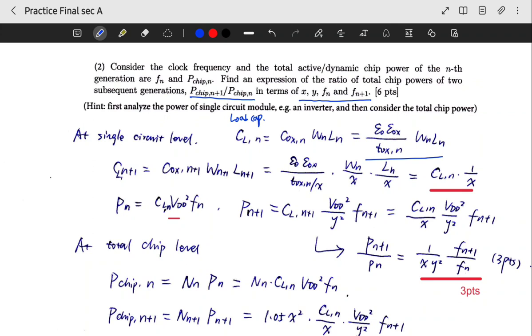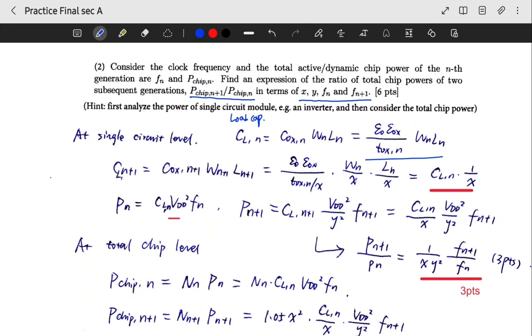And so for this one, we want to calculate CL n plus 1 generation, which is equal to Cox n plus 1 times W n plus 1 times L n plus 1. This one is basically epsilon ox, which won't change.